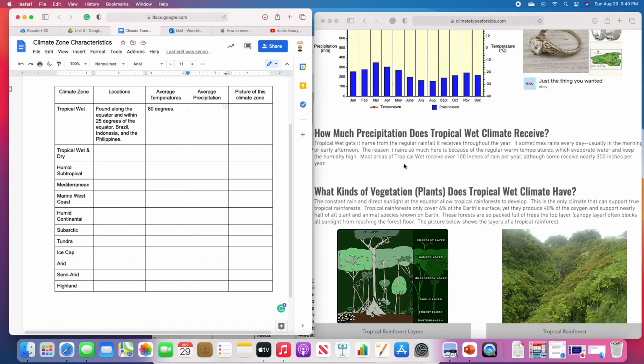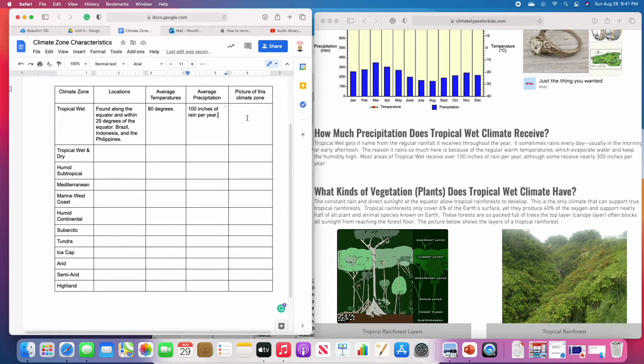Most areas of tropical wet receive over 100 inches of rain per year, although some receive nearly 300 inches per year. So we're going to be just talking about the average here, and it says most areas of tropical wet receive over 100 inches of rain per year. So we're going to go with that number. So I've got 100 inches of rain per year for our example.